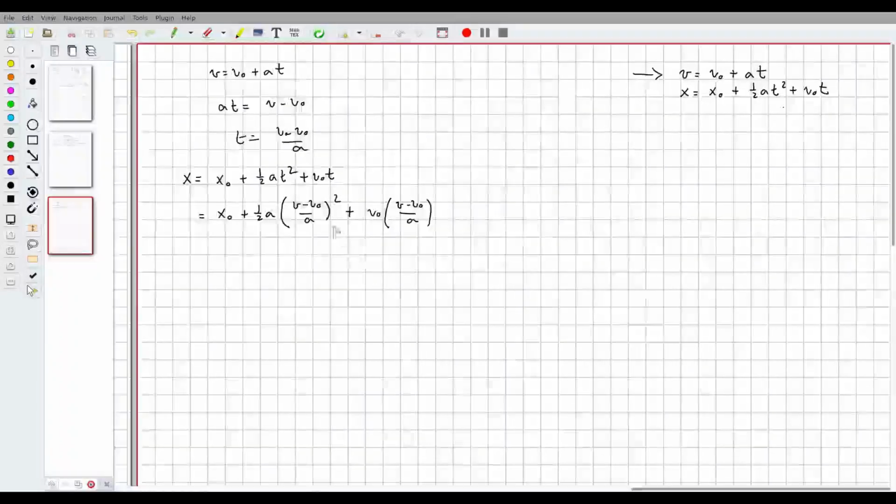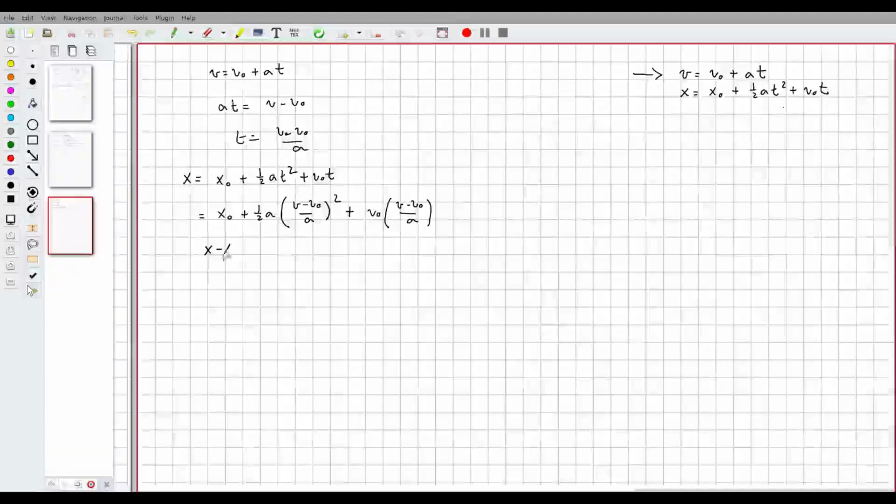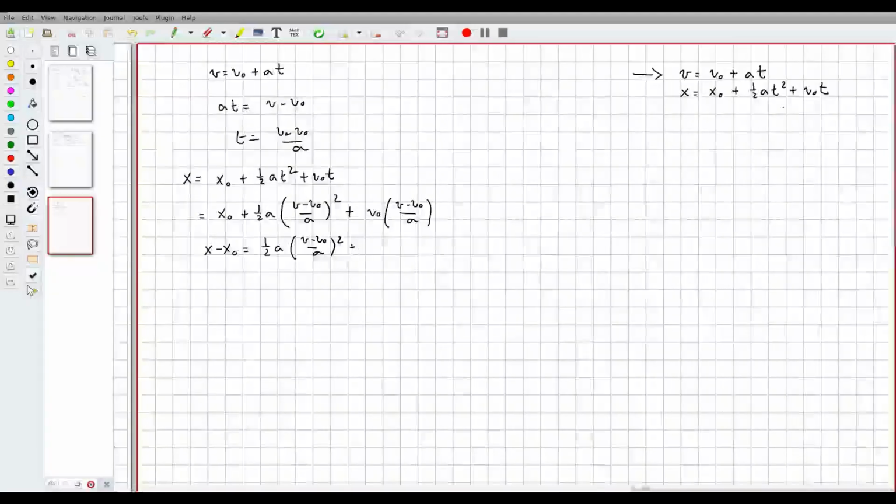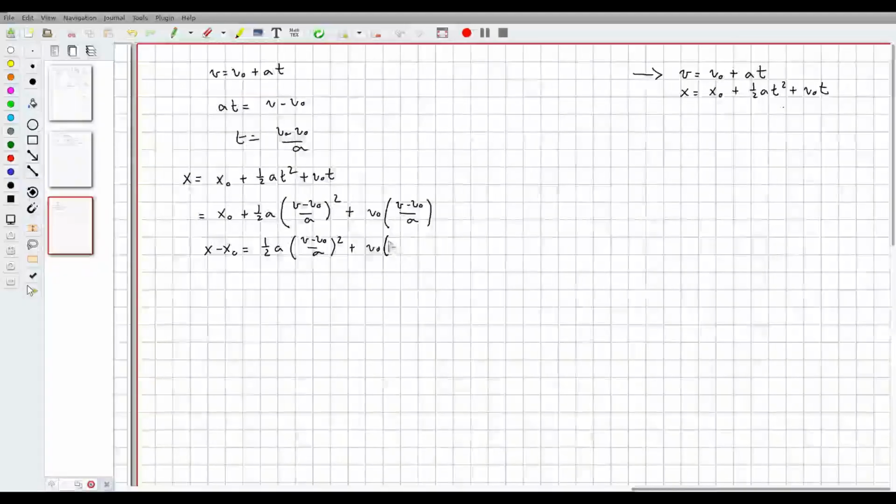Now, the next thing I'd like to do is to move the X naught over to the left-hand side just to make life a little bit easier. So X minus X naught is equal to 1/2 A times V minus V naught over A, squared, plus V naught times V minus V naught over A. Now, I'd like to point out that the square makes this A squared in the denominator.